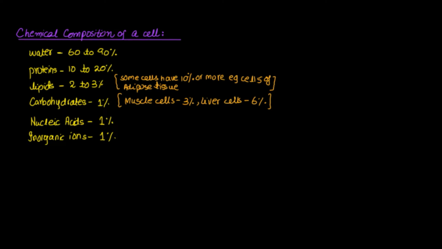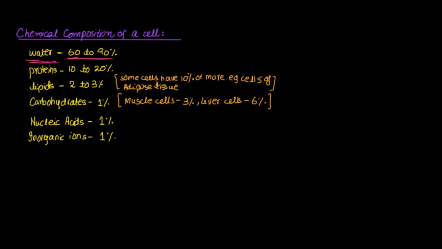We need to know the chemical composition of a cell. Now, what's the cell made up of? Basically, a cell is made up of mostly water. As we can see, water constitutes from 60 to 90% of a cell.